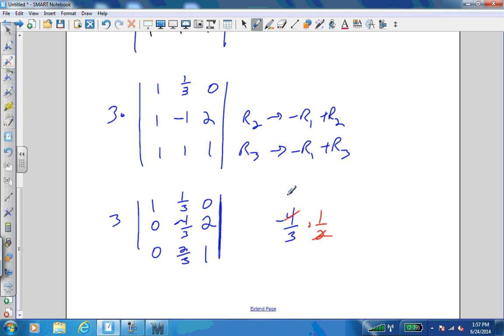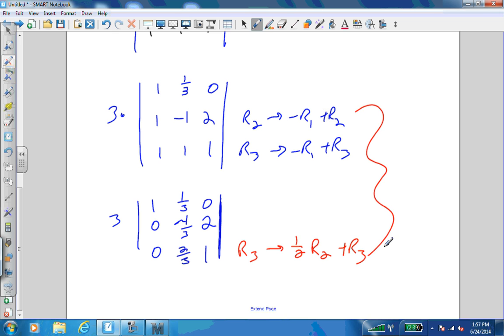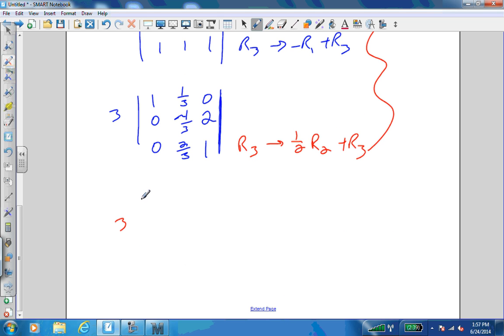Half of that would give us negative 2/3. So our new third row, we're going to do half of the second row plus the third row. And remember, for all 3 of those, since we're adding a scalar of one row to another, that doesn't change the value of our determinant.